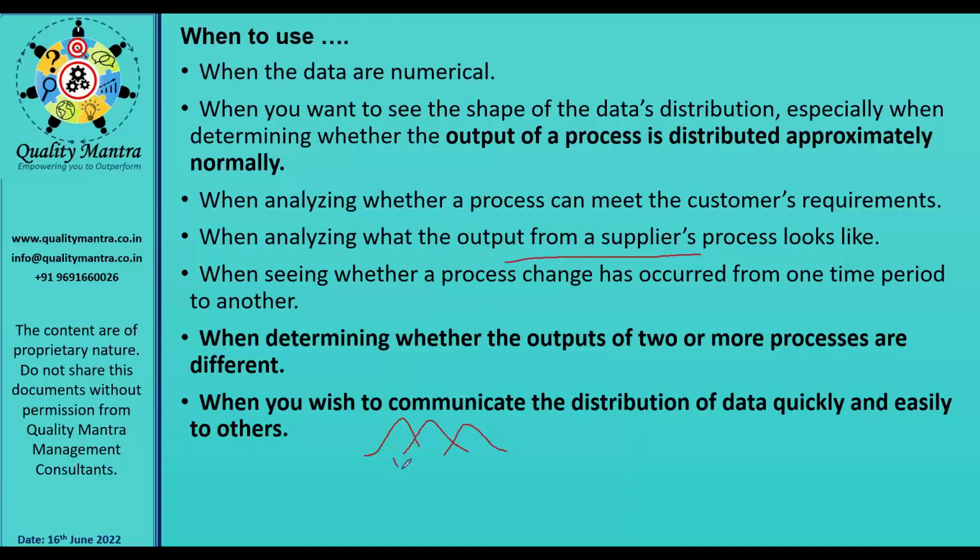Your process center might be shifting, and that is what you have to check using histograms. Also use it when you want to check whether your output is from two or more processes, and when you want to communicate about your data's distribution very quickly and easily to others so that they can understand it easily.